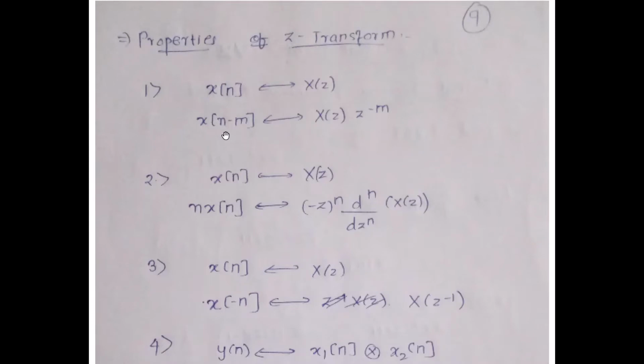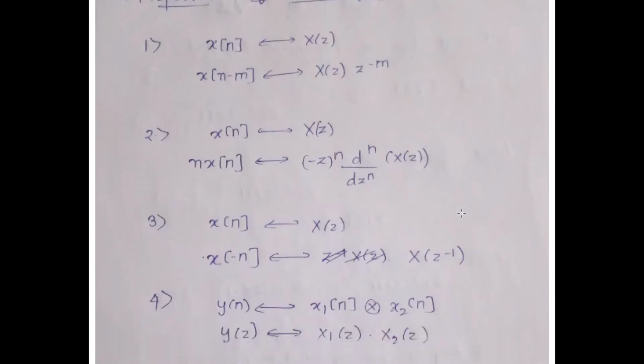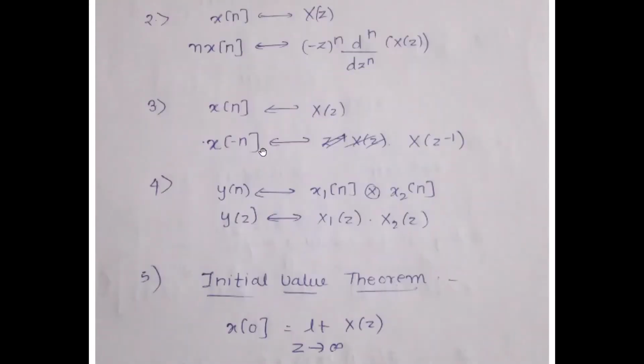So x of n minus m corresponds to x of z into z raised to minus m. If x of n corresponds to x of z, n into x of n is equal to minus z d by dz of x of z. Similarly, if x of n corresponds to x of z, x of minus n corresponds to x of z inverse.